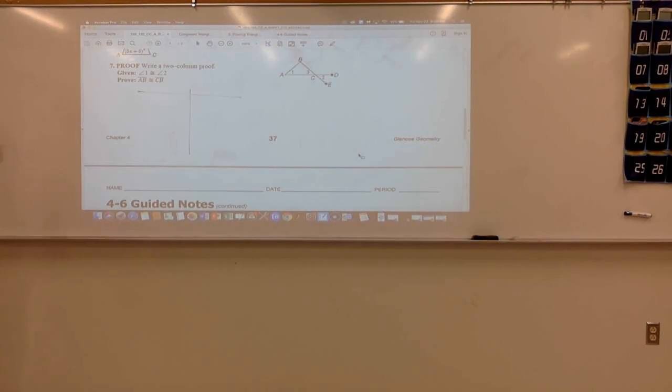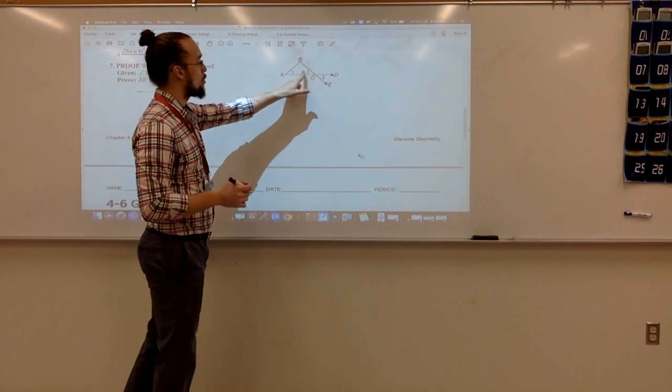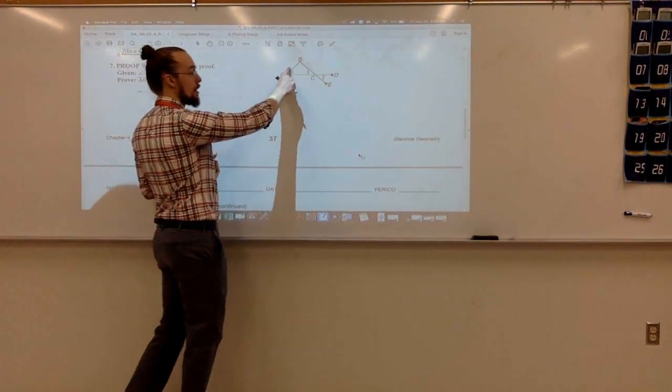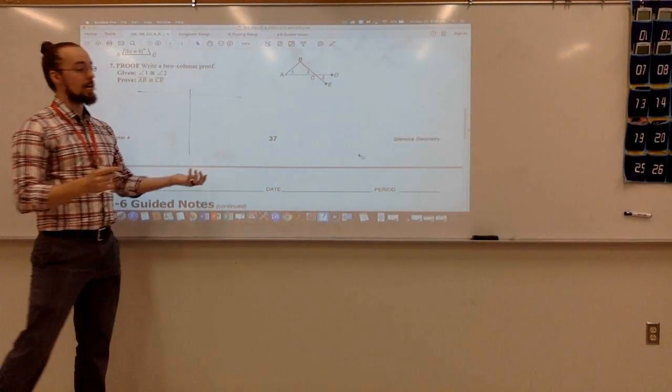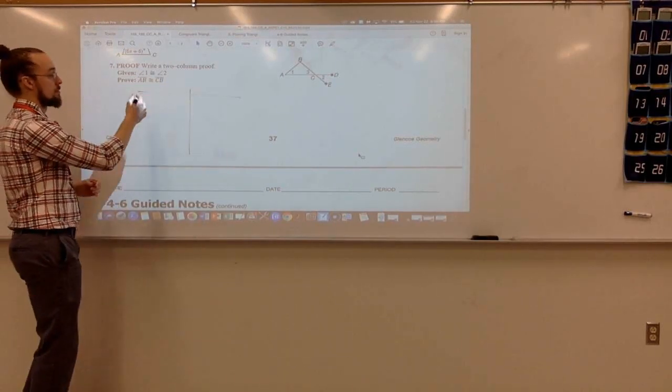Using this idea of isosceles, if I'm able to prove that angles 1 and 3 are congruent, then I can claim that their opposite sides, which would be AB and CB, are congruent using that theorem up at the top. Angle 2 and angle 3 are congruent because they're vertical.